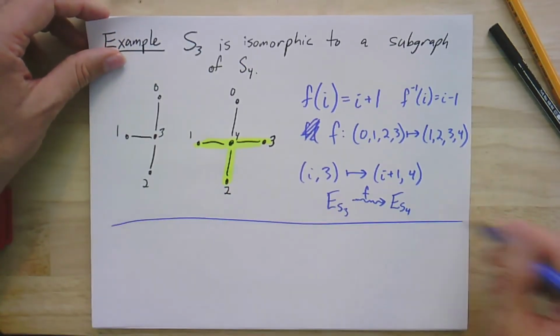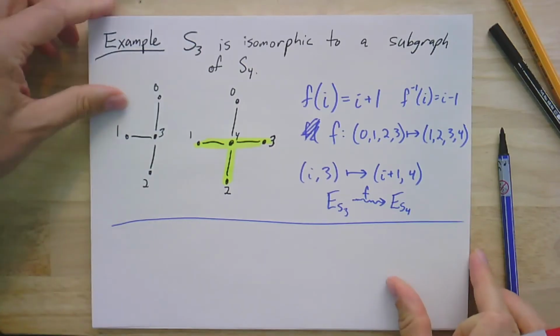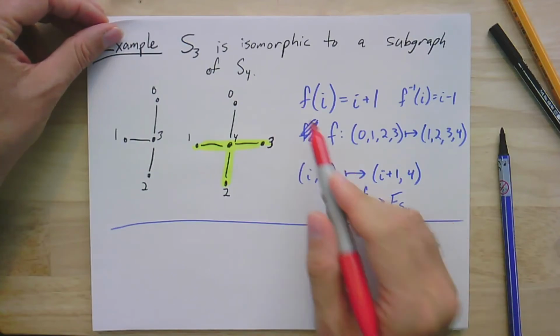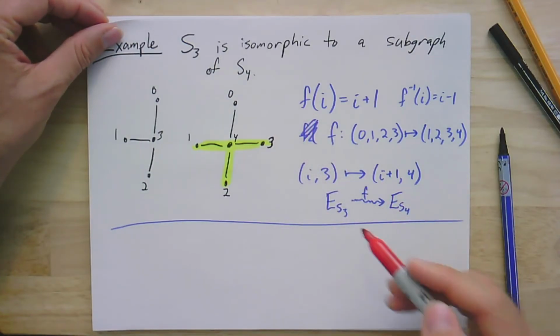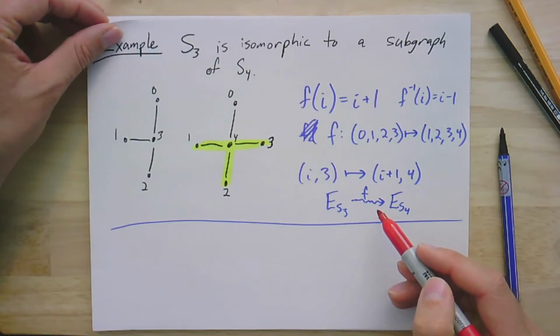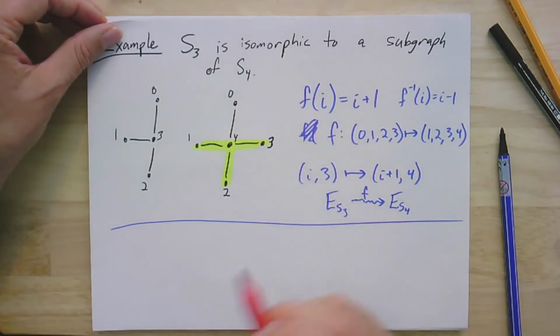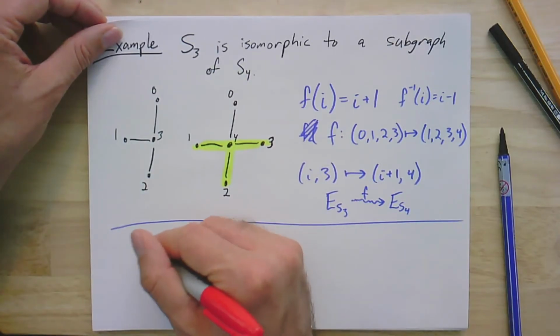Now, later we'll talk more clearly about how a mapping on vertices gives us a clear mapping on edges in cases where it's not even a bijection. But for now, let's just make some observations.